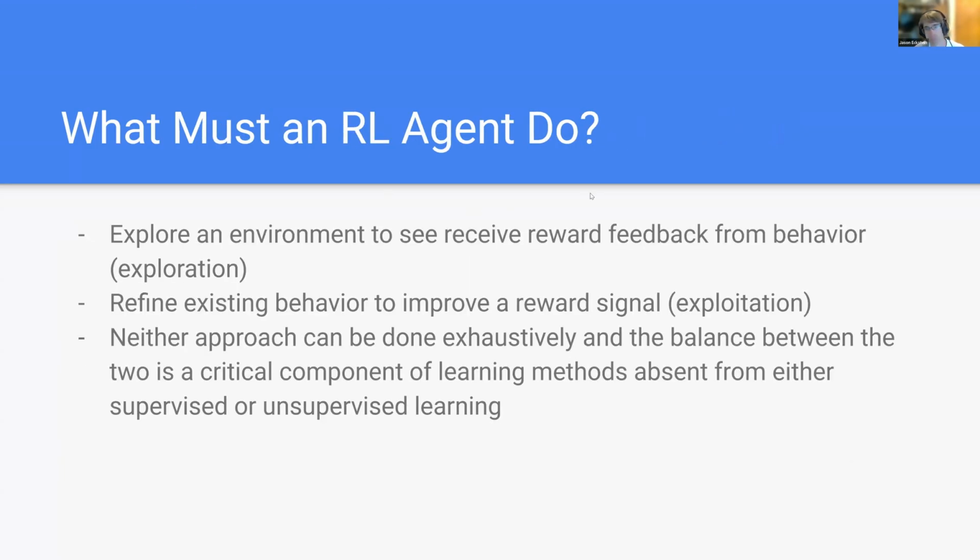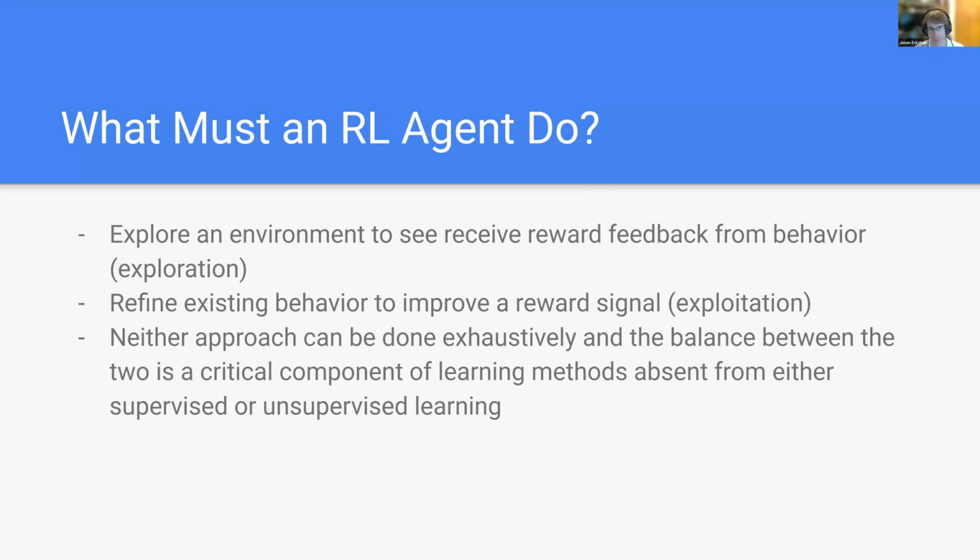So when we talk about a reinforcement learning agent, this is something that is going to be able to interact with the environment for the purpose of receiving feedback from that behavior. And then over time, the goal would be to refine that behavior to achieve the goal in the environment.